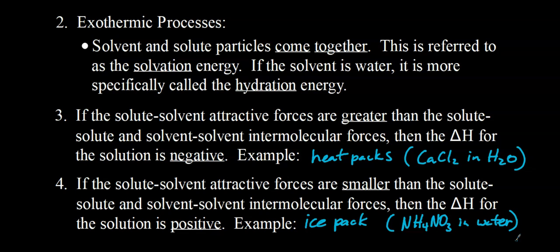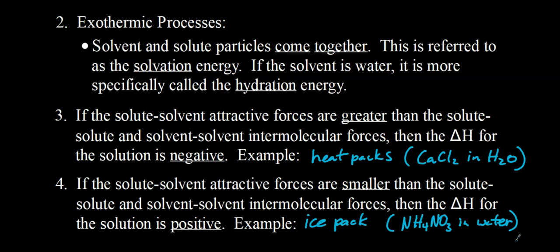Now, if you take a look on page 502 in your book, there is kind of a Born-Haber type diagram where we show energy required and energy released. And so we see energy is required to break apart the solvent particles from each other and the solute particles from one another.